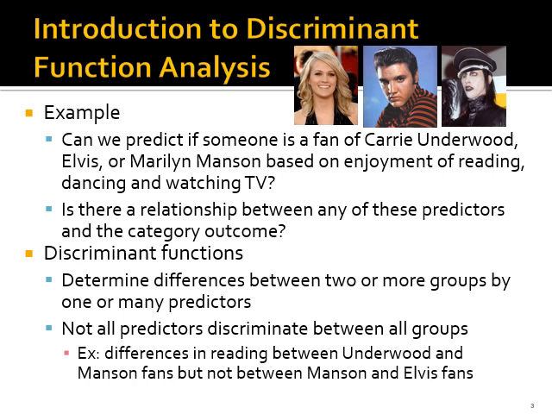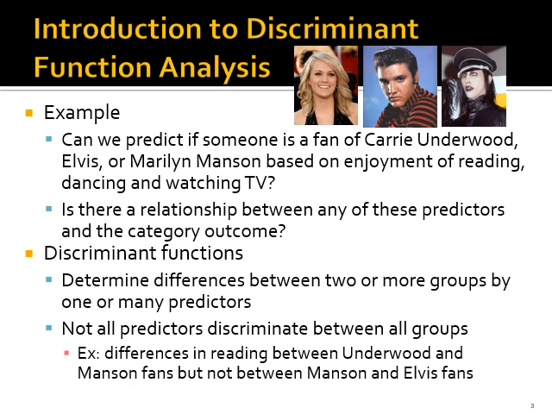If we find that there is a significant relation between those predictors and the outcome in general, the omnibus test, then we want to look at the discriminant functions. So what factors or functions determine the difference between two or more groups by one or many of the predictors? So remember, not all predictors will discriminate between all groups.